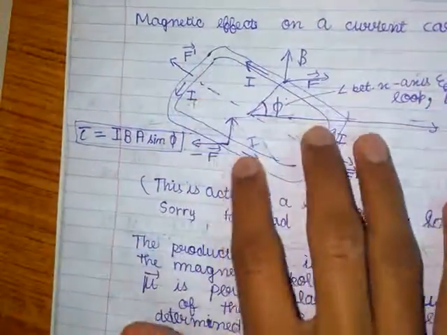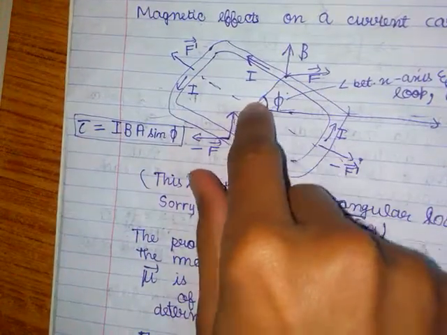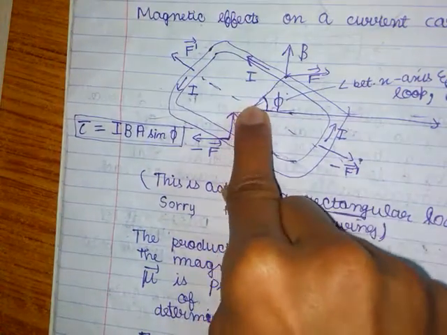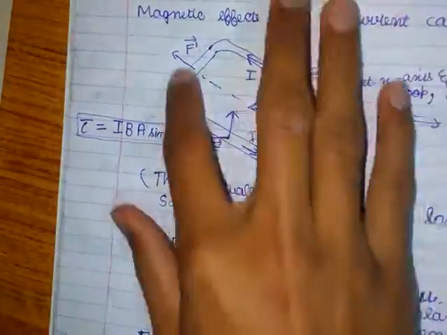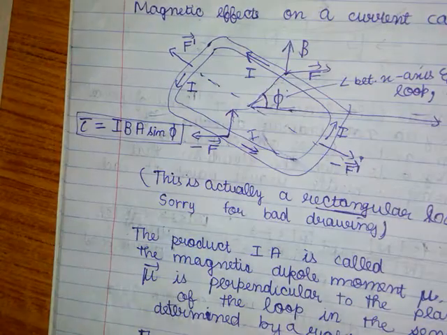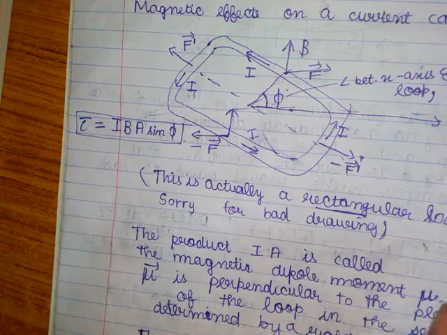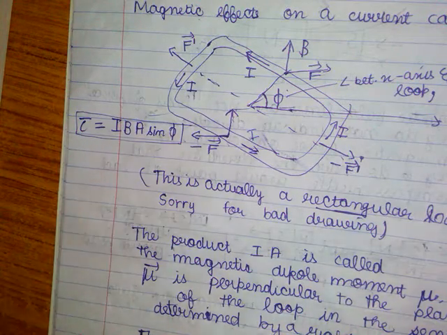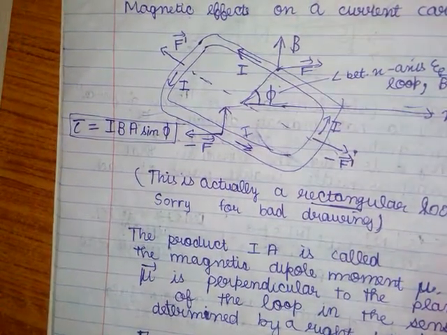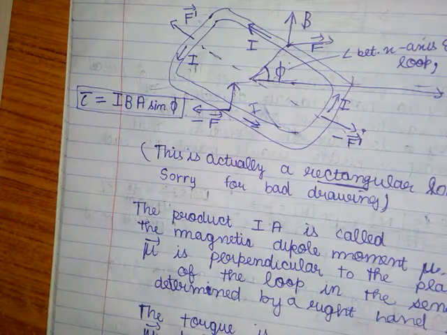So when it rotates, the center of mass will stay at the same position since all the forces cancel. This can be proved using Newton's laws of motion, which I will do in a later video, but do not bother about that.